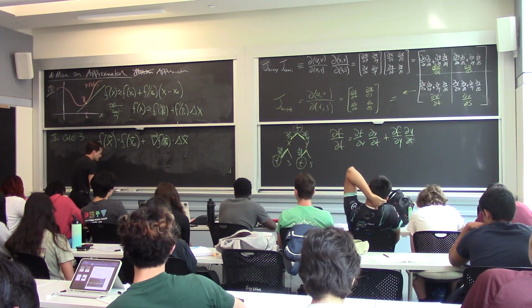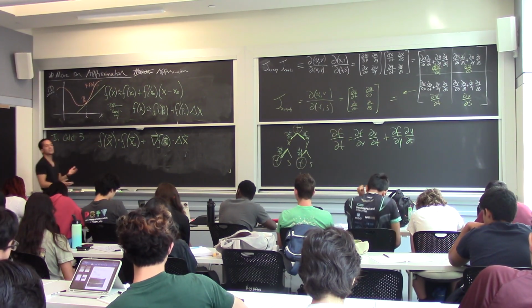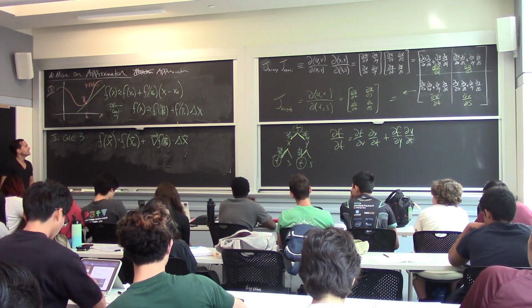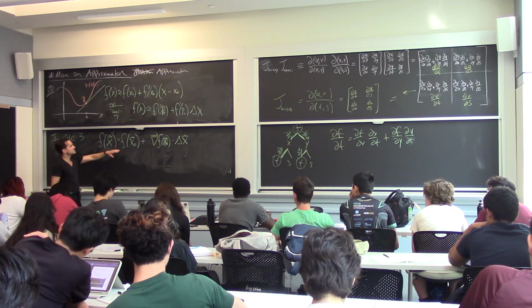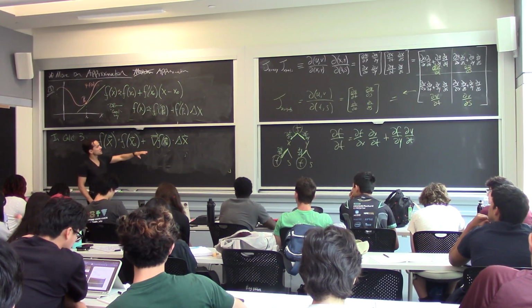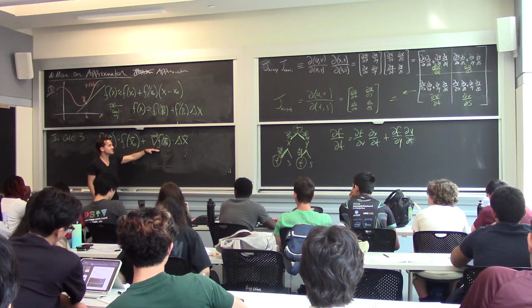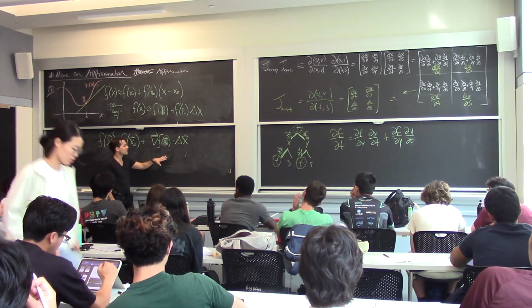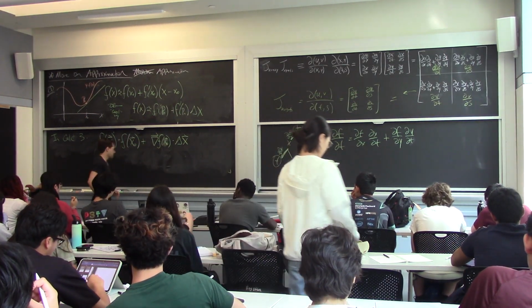So what does this boil down to in the tangent plane approximation land? This is z naught plus the gradient, so df by dx times delta x plus df by dy times delta y.